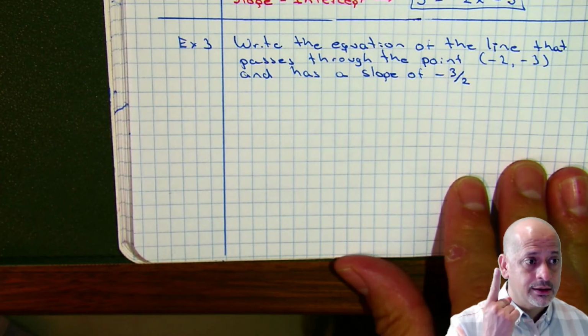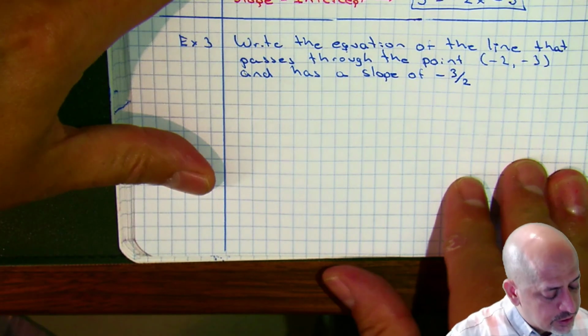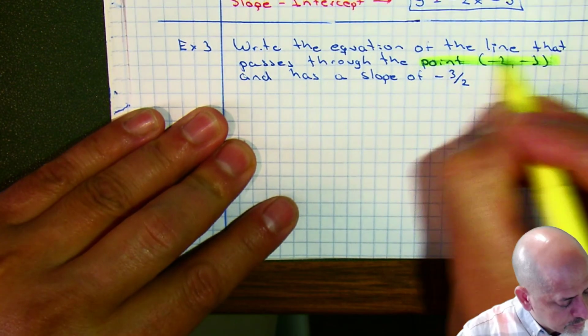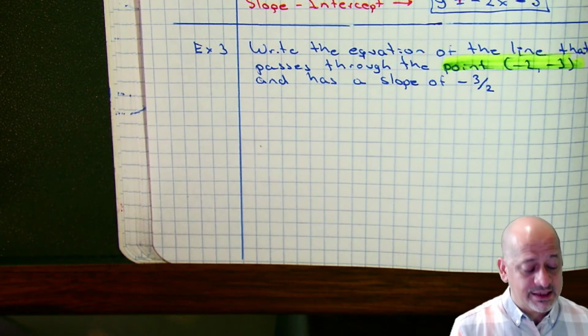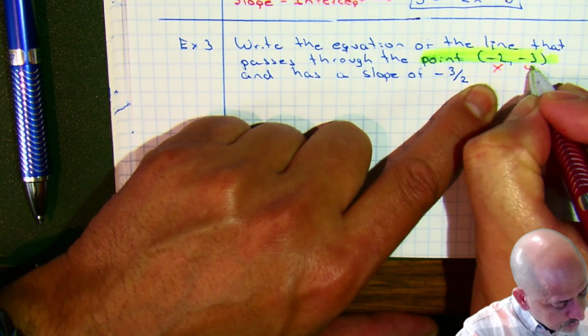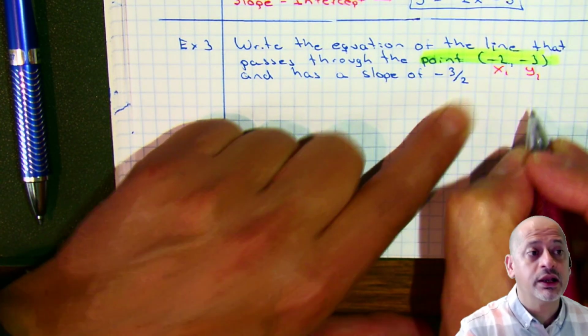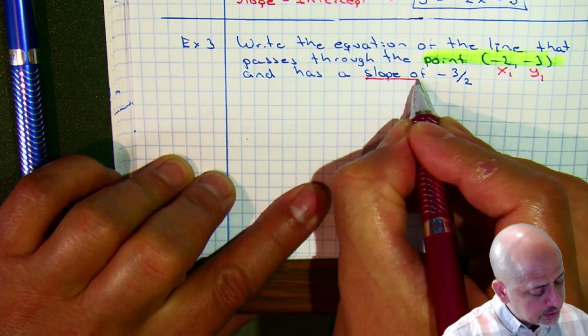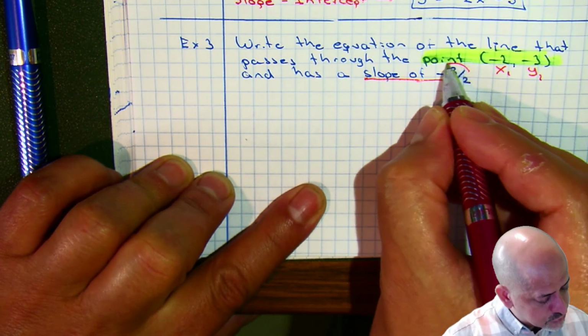You got it? Excellent. So now I'm going to highlight my point. I know that my point is x and y, but they only give me one point. So therefore, for this equation, I'm going to use x1 and y1. I'm going to underline my slope, and I'm going to circle my actual slope.